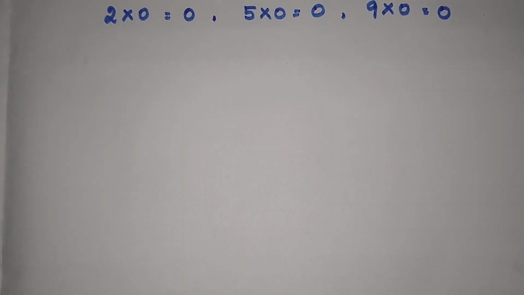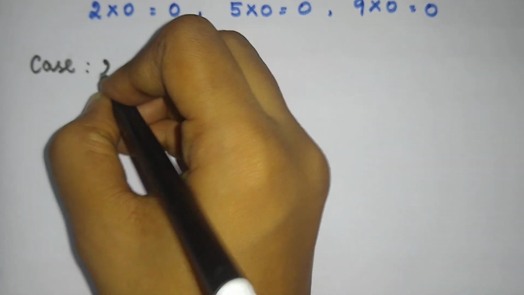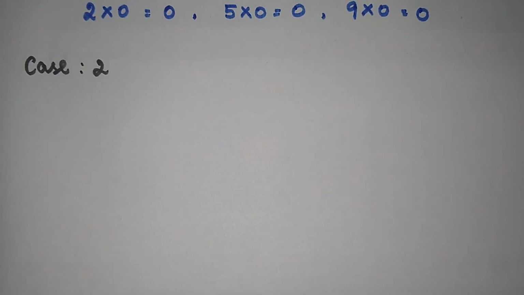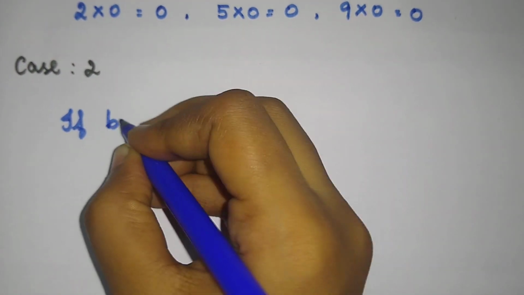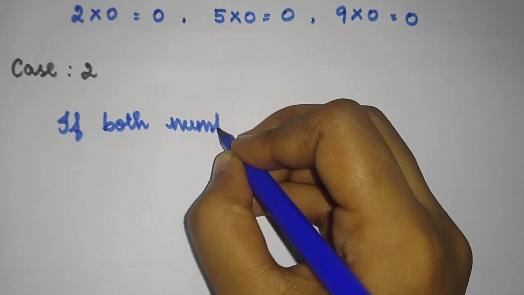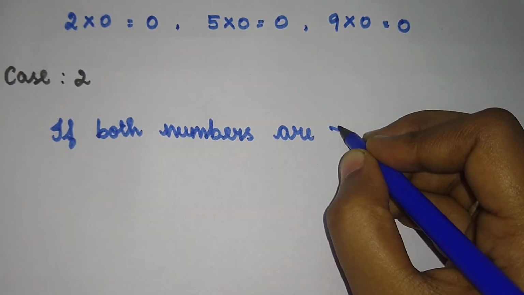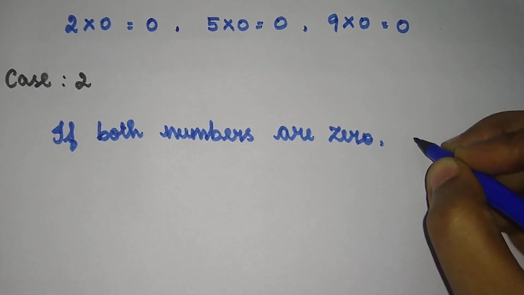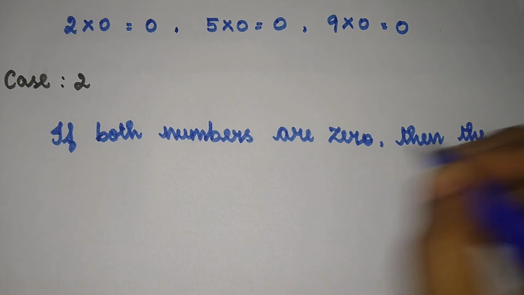Case 2 is, if both numbers are 0, then the product will be 0.